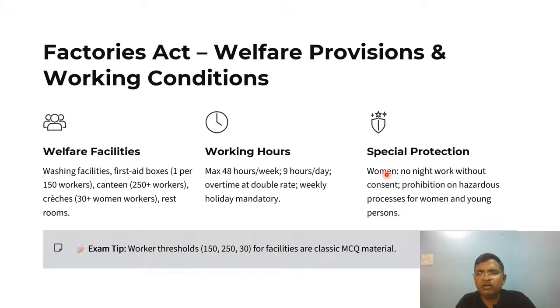Then special protection for women: no night work without consent, and provisions on hazardous processes for women and young persons. So the worker thresholds should be remembered: 250, 150 and 30. You have to remember these welfare facilities, working hours and special protection.